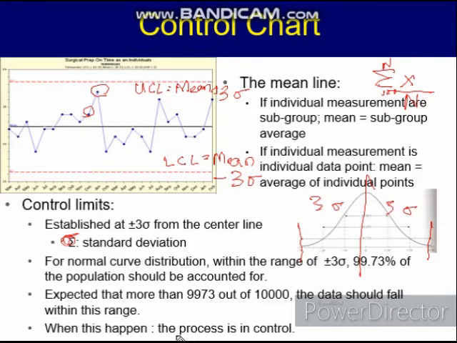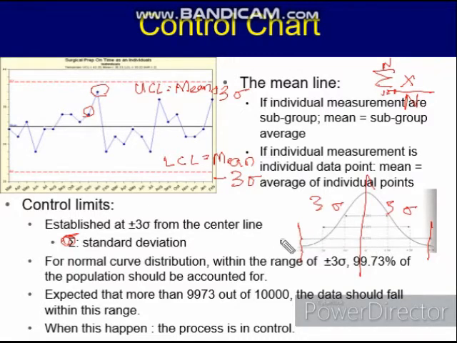When this happens, you are saying that the process is in control. If you have this limit and all your data falls within it, you are expecting that to happen 99.73% of the time. So the probability, if it's a normal curve, for data to fall within this limit is 99.73%.